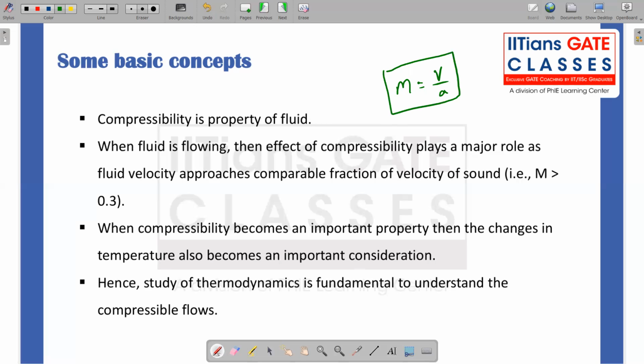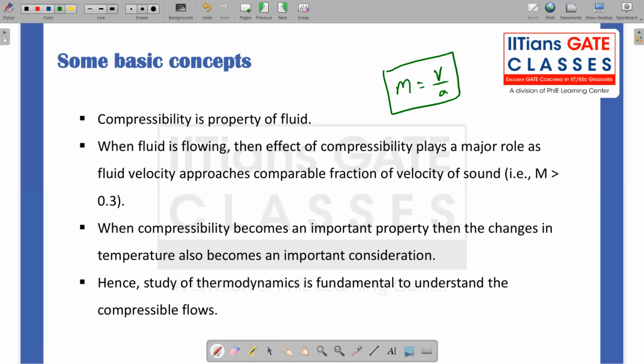If the Mach number becomes greater than 0.3, the effect of compressibility plays a major role and we have to account for it. Usually we assume an incompressible medium and do calculations, but once M crosses 0.3, calculations start showing error with the incompressible model. So we have to account for compressibility to make sure our answers are accurate.